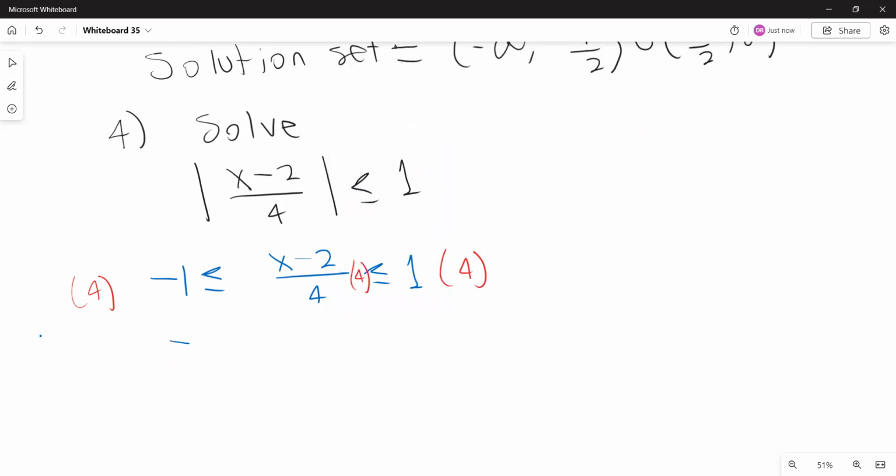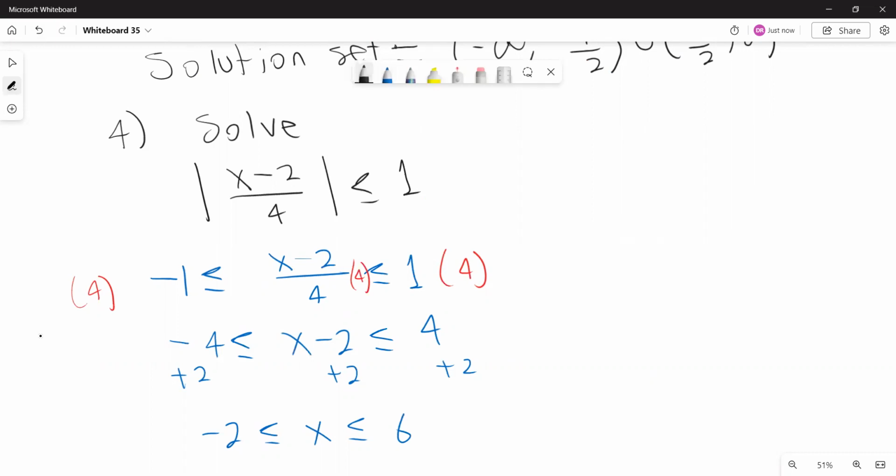Negative 1 times 4 is negative 4, less than or equal to x minus 2, less than or equal to 4. Then add 2 to all three parts. So negative 2 is less than or equal to x is less than or equal to 6, and the solution set is [-2,6] within brackets.